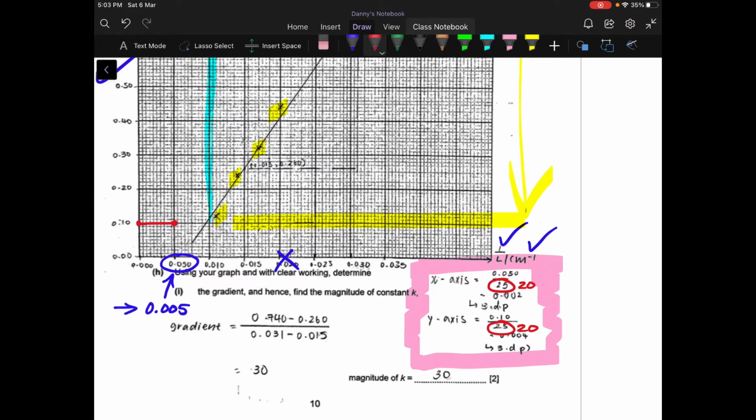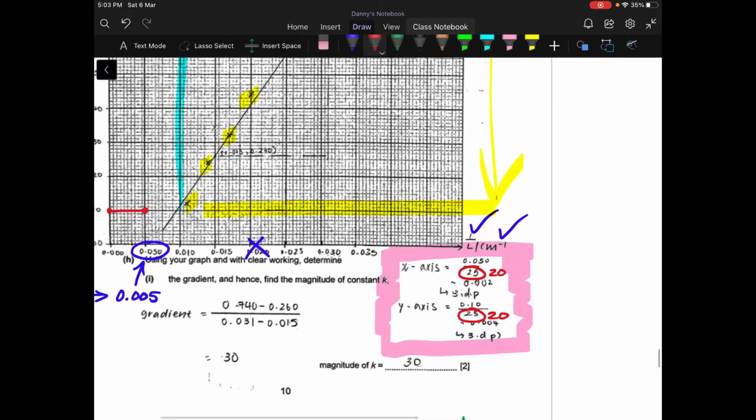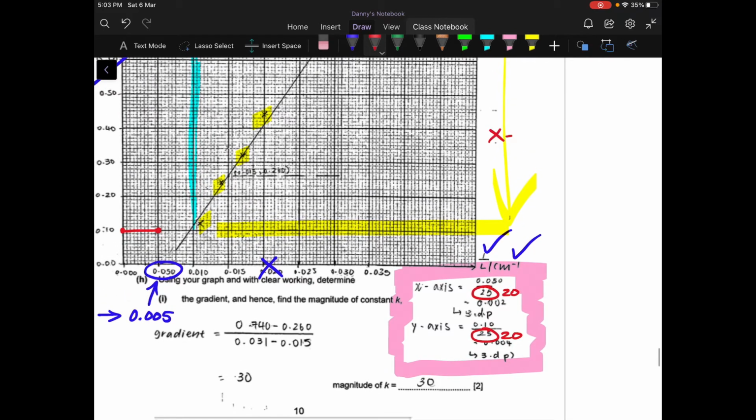So if I'm calculating the x-axis precision, I would have an interval from 0 to 0.05, and I will divide it by 20 tiny squares.